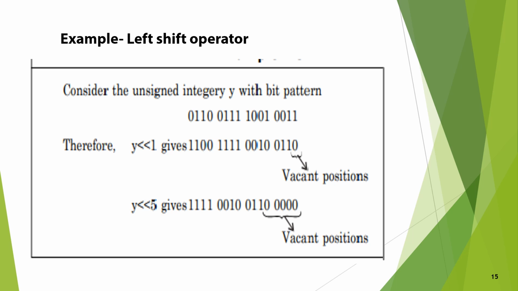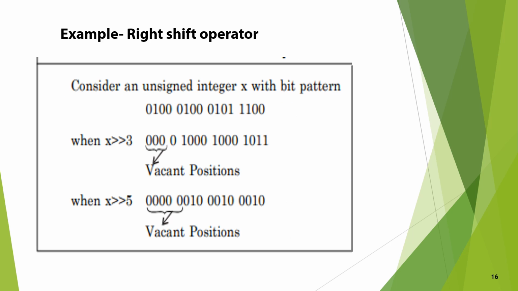After that 1111, next 4 bits, then 0010, again next 4 bits, and the remaining bits are 011. So there are only 3 bits and the remaining bit will be filled by 0. So this will be the resultant bit pattern when it is shifted one position to the left. Now you can try the second example.